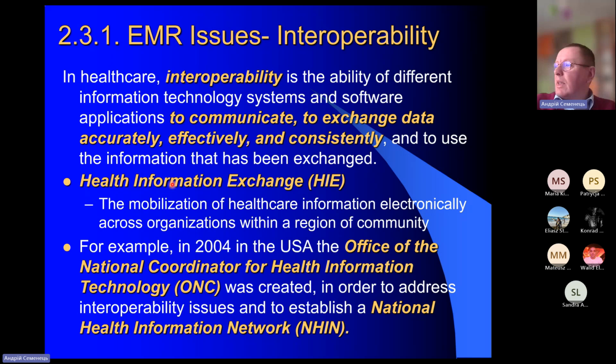Actually, this has been taken seriously by governments only from the beginning of the 21st century. For example, in the United States, it was only in 2004 that a special office, the National Office of the Coordinator for Health Information Technology, was created in order to address interoperability issues. And only that year, the National Health Information Network was established. So it's just about 20 years ago.